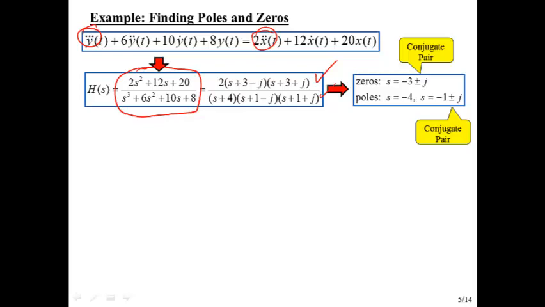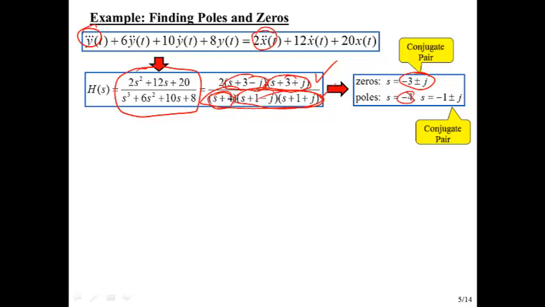And so here we've factored the numerator into these two terms, and we see that it has 2 complex conjugate roots. These roots will always show up as complex conjugate pairs. So we've got two zeros, one at -3 plus j and one at -3 minus j. In the denominator, we've got a single distinct real root and then a pair of conjugate roots.